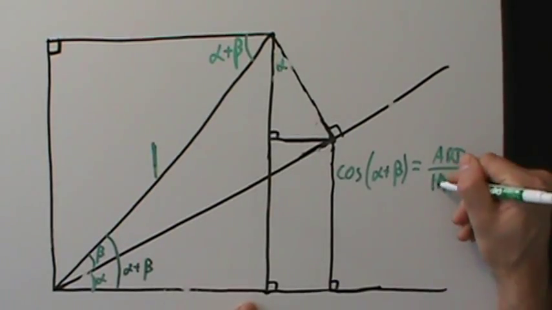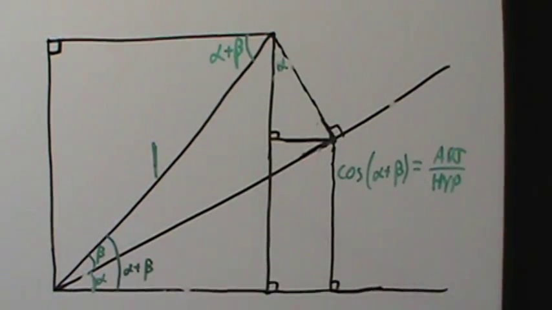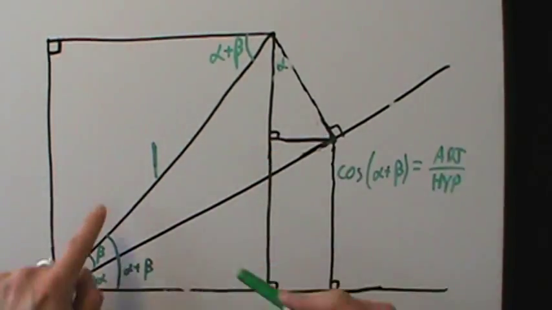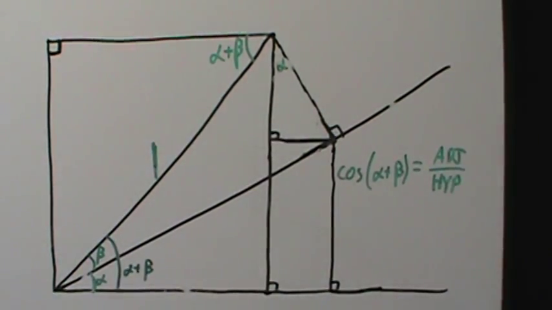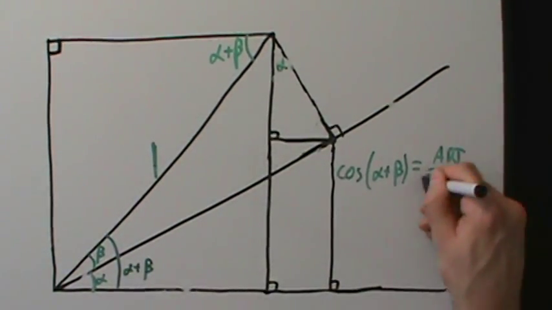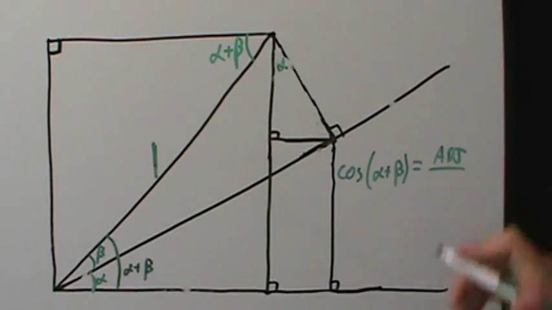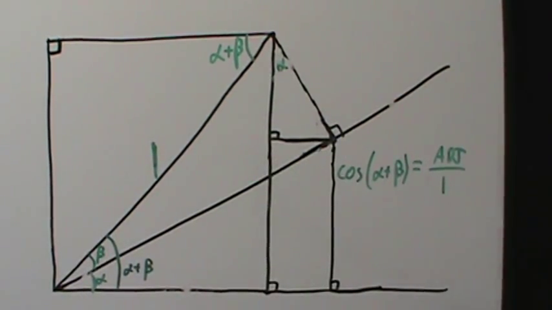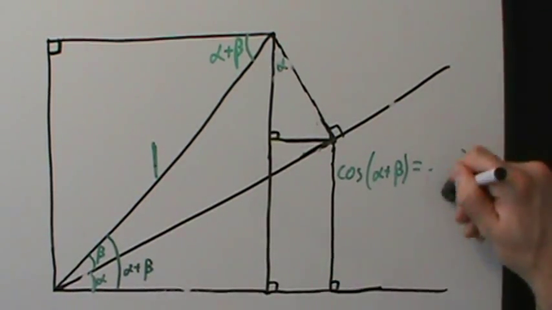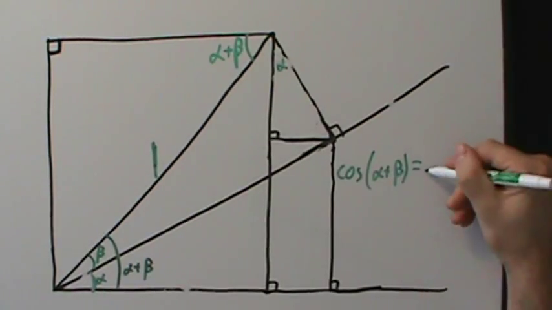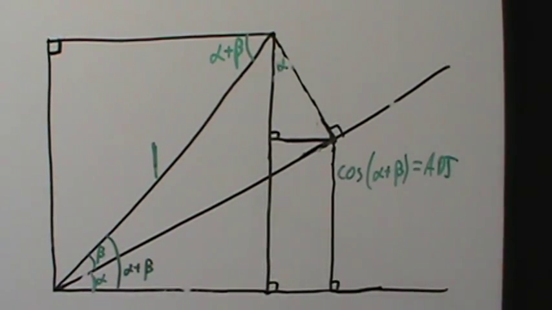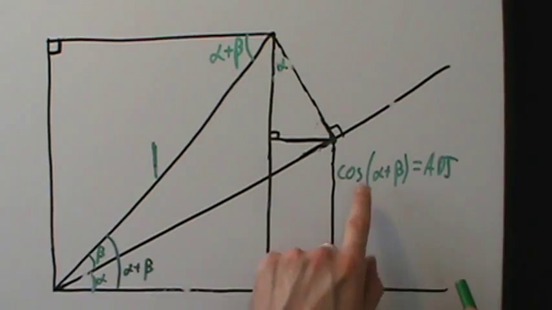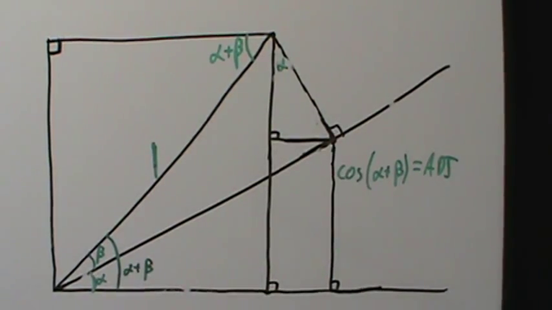Well, the hypotenuse is 1, so instead of hypotenuse, we'll just have 1. But when you divide something by 1, you're really doing nothing, so that doesn't change anything. So adjacent divided by 1 is just adjacent. What that tells us is that the adjacent side is exactly equal to the cosine of alpha plus beta. Okay, so that's helpful.